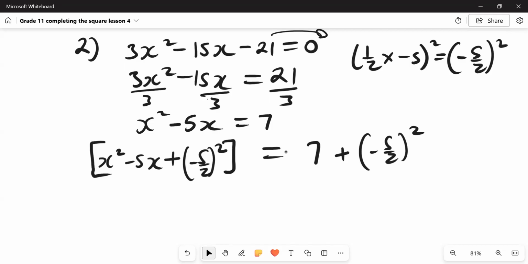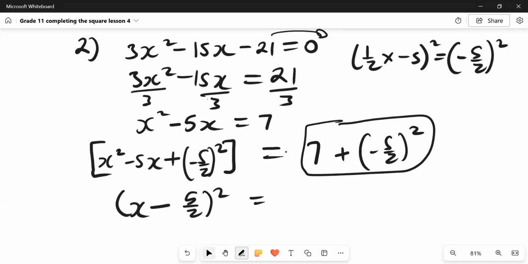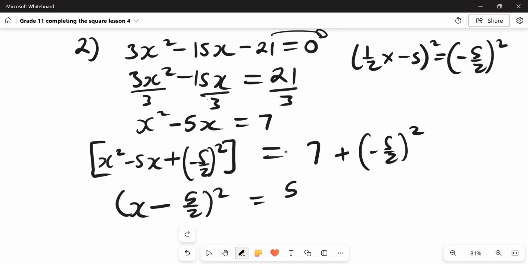And then from here, you look for the square root of x squared, that x minus, you drop down the sign there, and then you have your 5 over 2 all squared equals to, let's take care of this here using a calculator, and we'll end up with our 53 over 4.